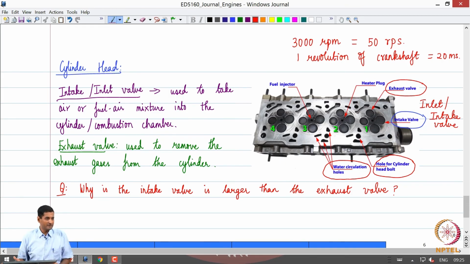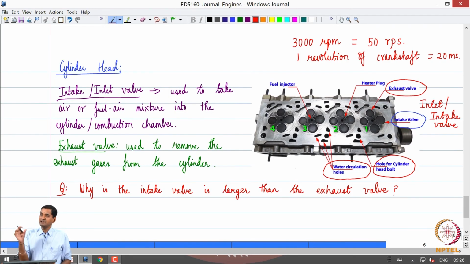So you see that the higher the pressure difference, the higher will be the speed. So for the same area you will have higher flow rates, correct. So now typically what happens is that the pressure difference during the inlet process is typically lower than the pressure difference during the exhaust process, okay.